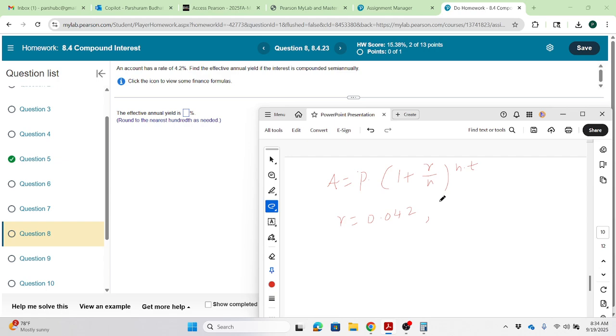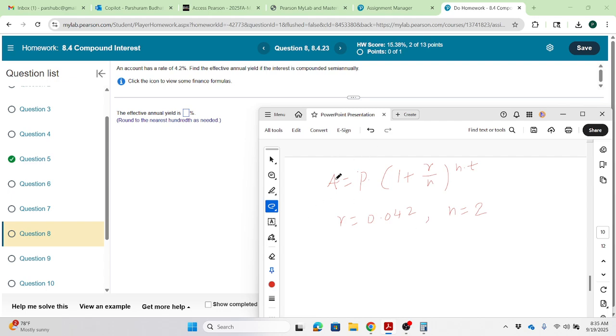We need to find the effective annual yield. The n is 2 because semi-annually means there are two compounding periods. Effective annual yield means how much simple interest you would get from this transaction.